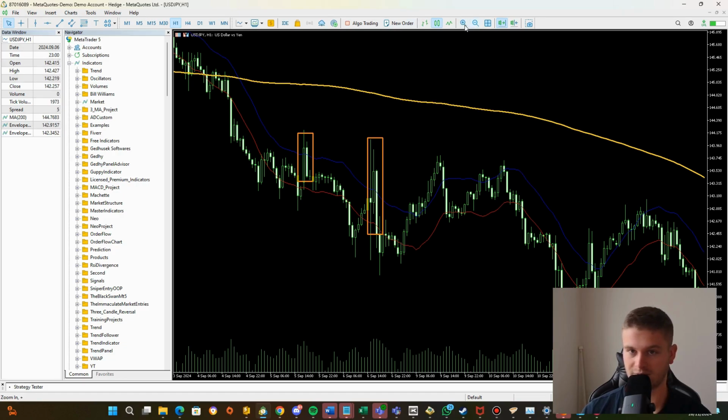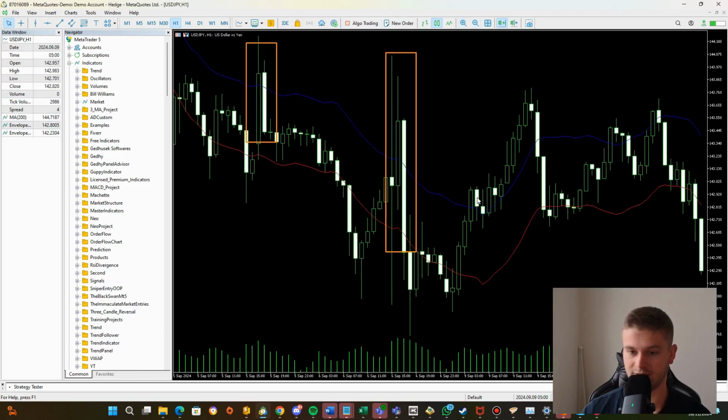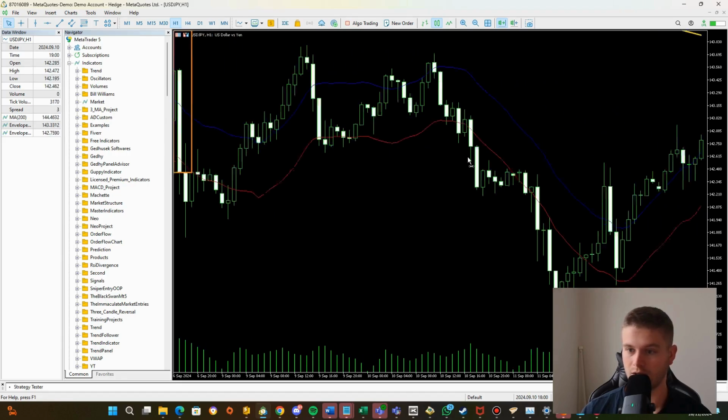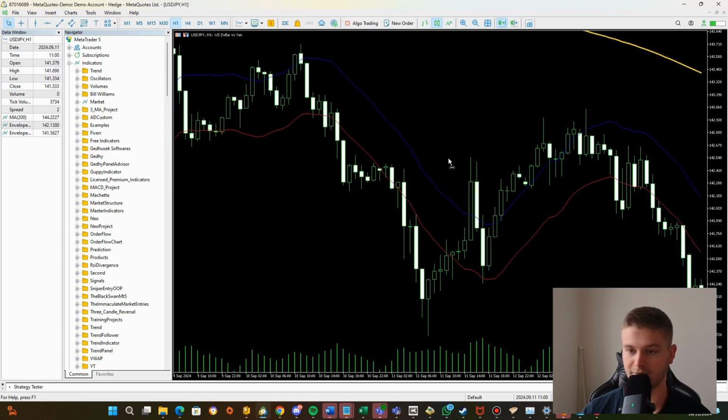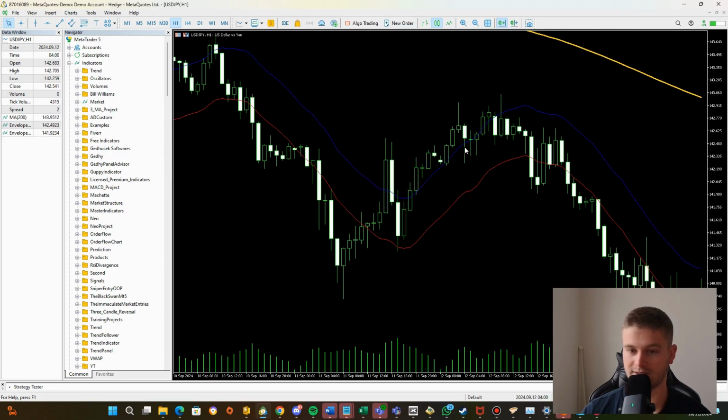For example, in this case the price goes above, below, and then it continues to go up. The same thing happens in this case. Above, below. This is questionable, but let's go above, below. So this is a sell position here, and the price goes up. So we will have a lot of false signals as well.